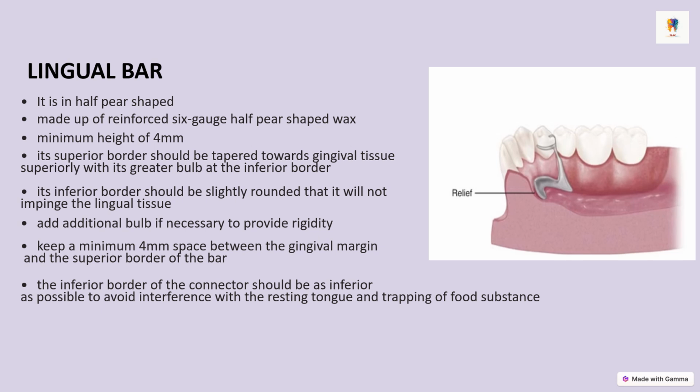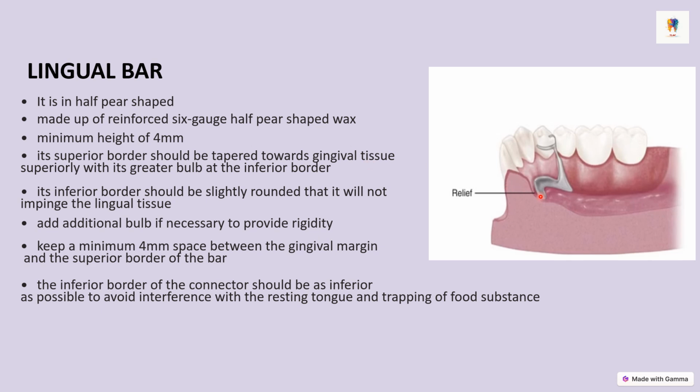Now we will be studying all these kinds of mandibular major connectors separately. In this video, we will only cover the first two, and then I'll be uploading another lecture in which we will cover the rest. So, lingual bar. The lingual bar is half pear shaped.